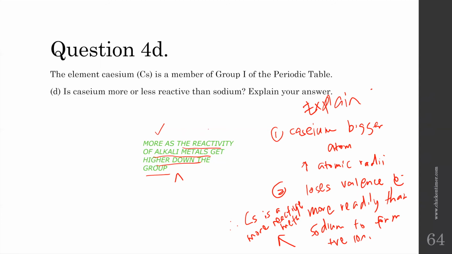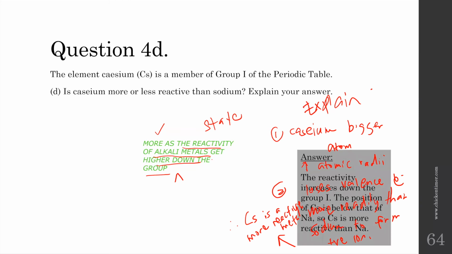If it's not an explanation question, if they say state why cesium is more reactive than sodium, then you can say that because the reactivity of alkali metals increases as it goes down the group. If it's explained, you have that whole lengthy answer.